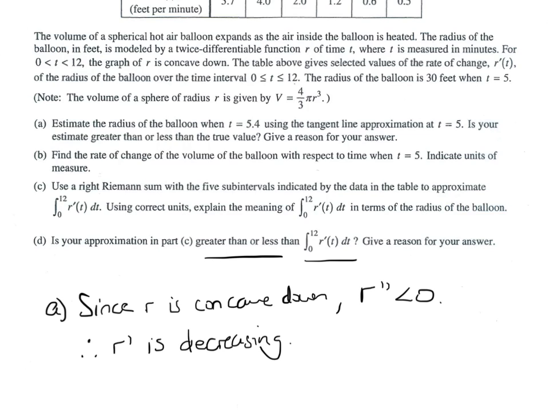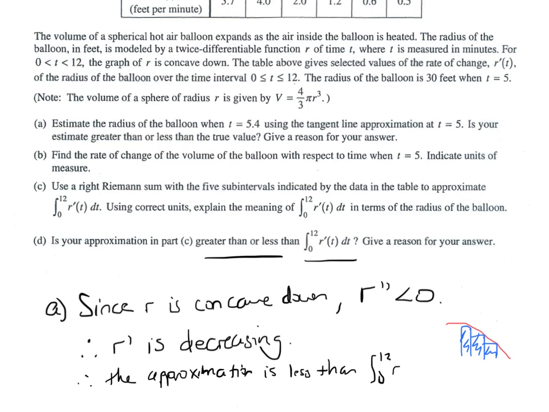Now, if you have a function that's decreasing, the right approximation is going to be an under approximation. So we can say, therefore, the approximation is less than the actual value of our integral.